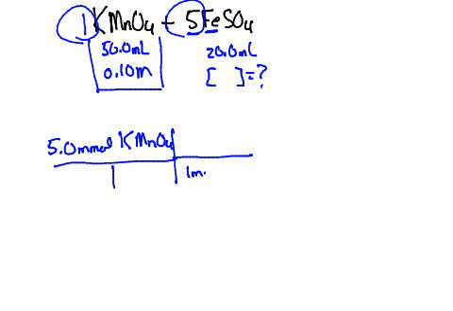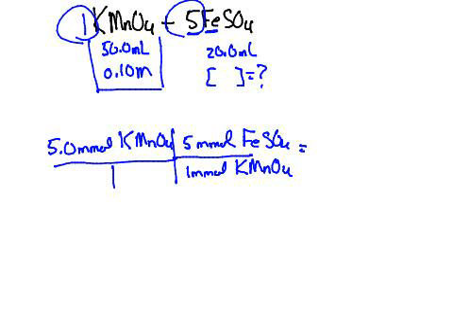So 1 millimole of potassium permanganate is equal to 5 millimoles of FeSO4. 5 times 5 is 25, so we have 25 millimoles of the iron.